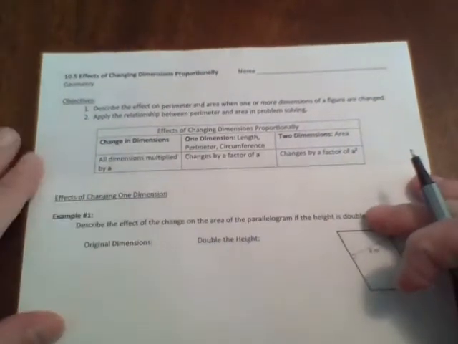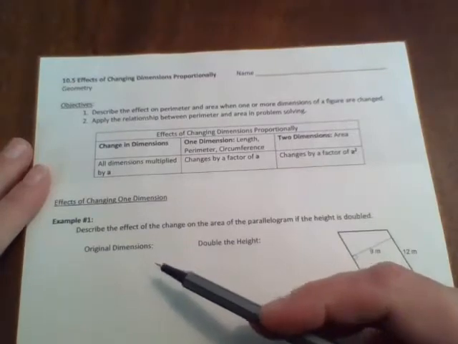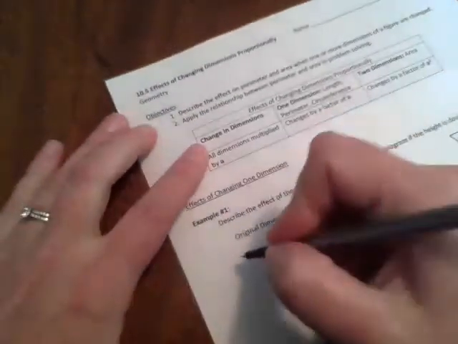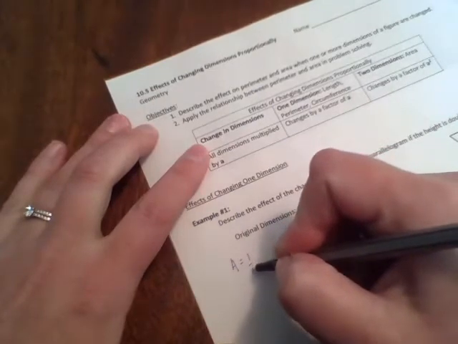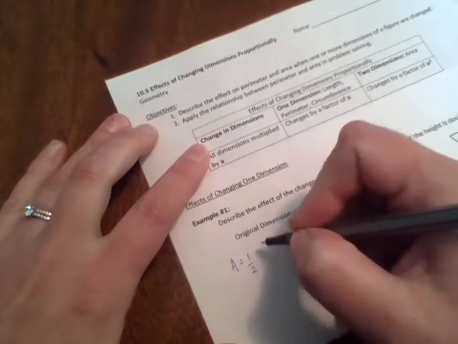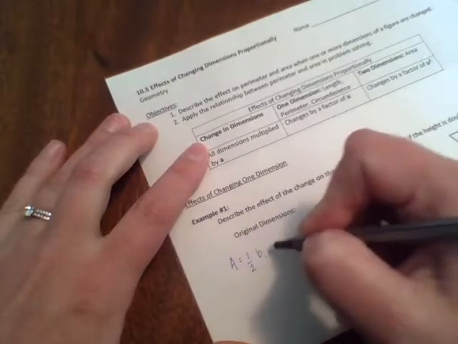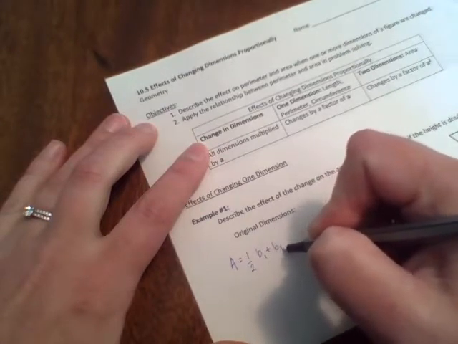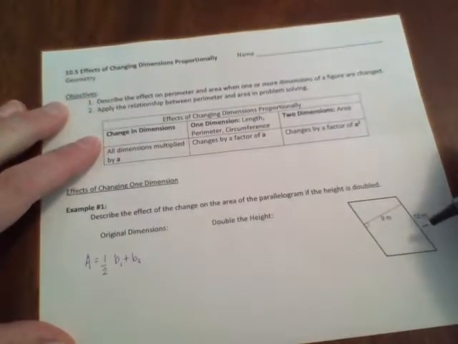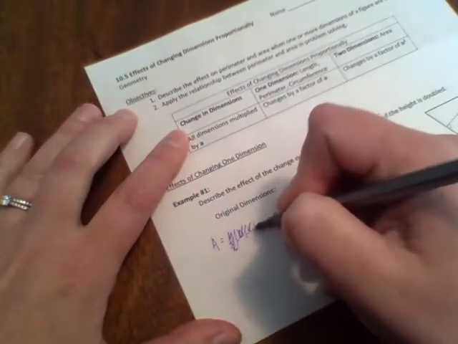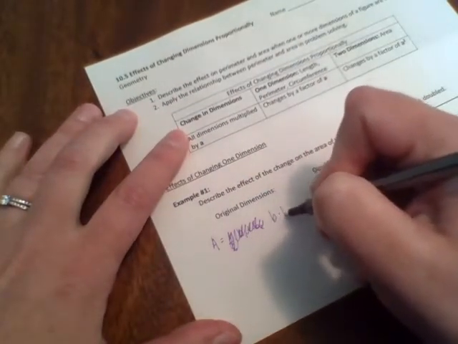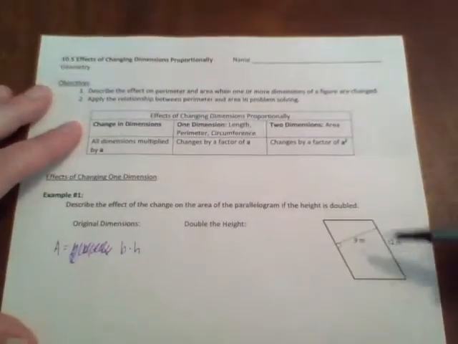So the original area of this parallelogram is going to come from a half, the first base plus the second base. Oh, sorry, this is a parallelogram, so just base times height, sorry. I thought it was a trapezoid for a second. All right, so the area is the base times the height.